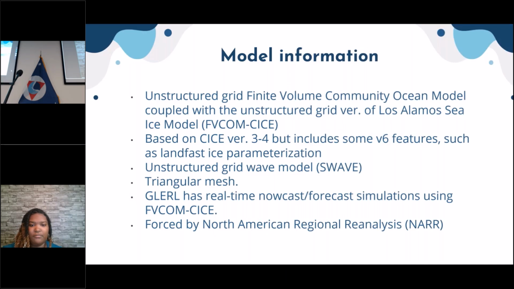Next is the model information. These are hydrodynamic-ice wave models based on RECOM, and they were used to simulate ice conditions in the southern Lake Michigan, and were able to find out the percentage of ice cover.